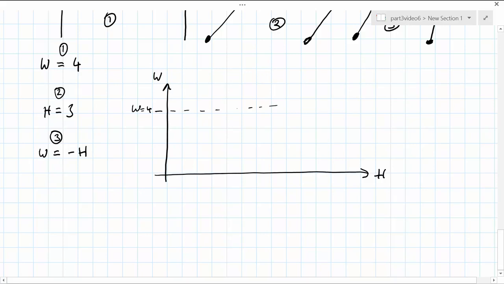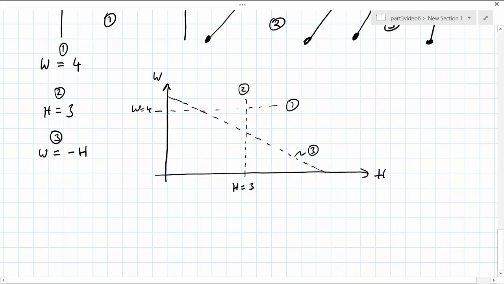So this is for mechanism 1. We've also said that H is equal to 3. This is for the second mechanism. And finally, we said that W is equal to minus H. This is for mechanism 3.